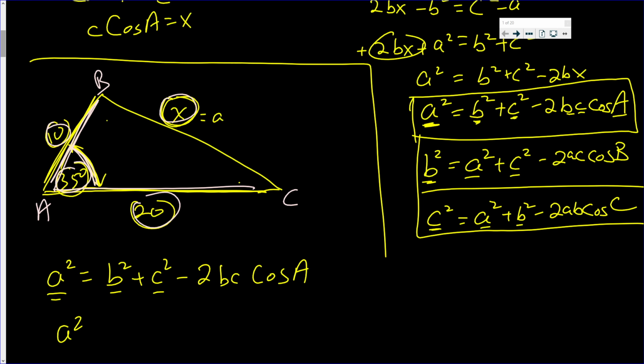Now remember, this is A. B is opposite angle B is little b. Opposite angle C is little c. So it's 20 squared plus 10 squared minus 2 times 20 times 10 times cosine of 35 degrees.